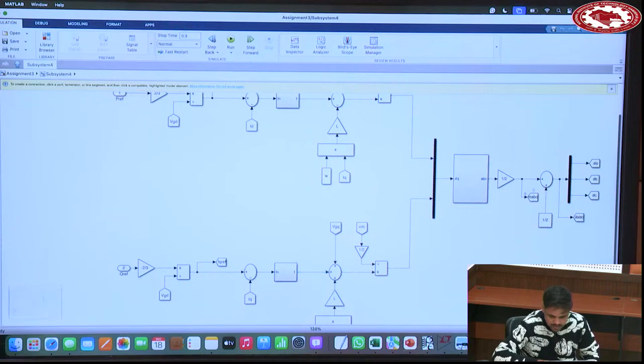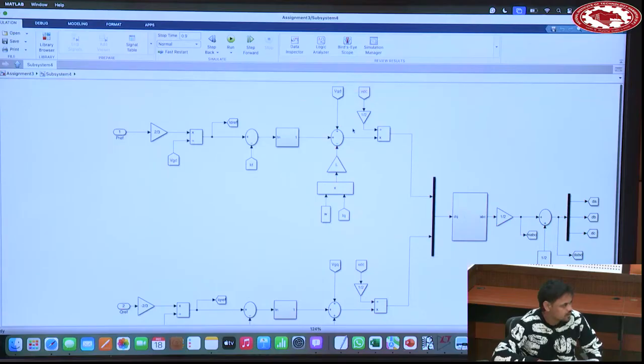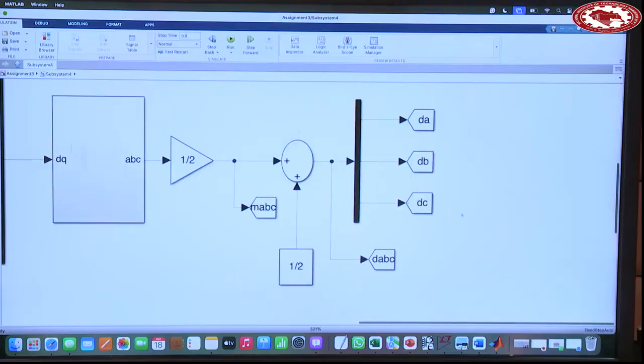अच्छा यू क्यू समझाया था मैंने आपको, डी नहीं समझाया. Same for D or Q, whatever it is. Then you got MD, MQ. You have converted DQ to ABC. Then here MABC will be switching between -1 to +1.